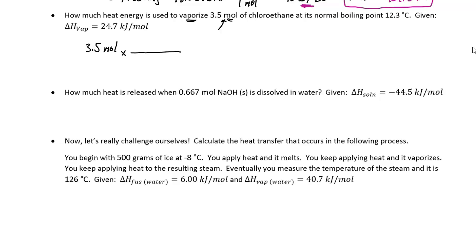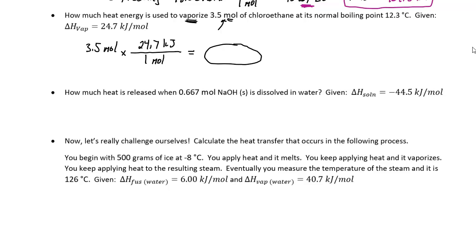We are vaporizing it. So we want to know delta H vaporization, and that is the value given to us. 24.7 kilojoules for every 1 mole of the substance that we want to vaporize. Multiply these together on your calculator, and please write the answer down right in this position on your paper, and don't forget the label. If you want full credit on the assignment, I'm expecting that you yourself can multiply these together and get an answer there.